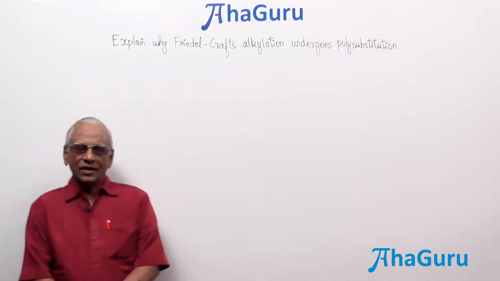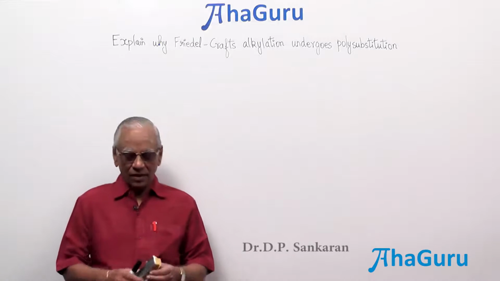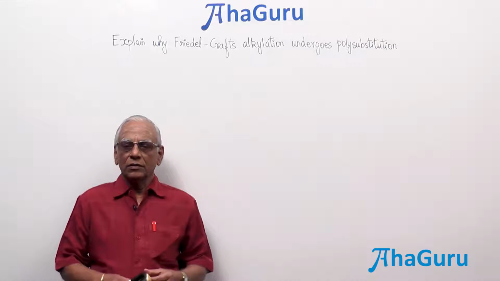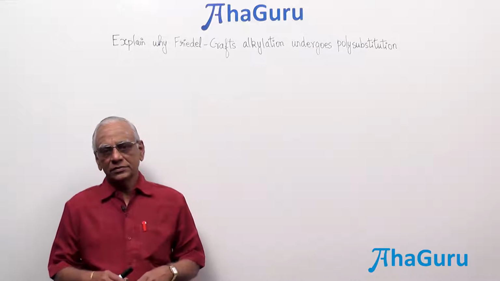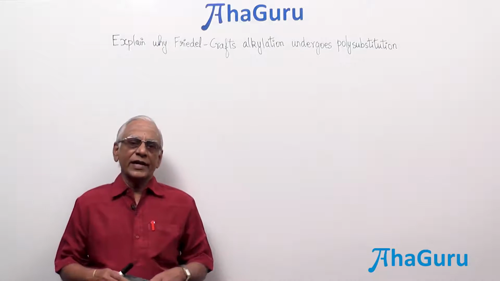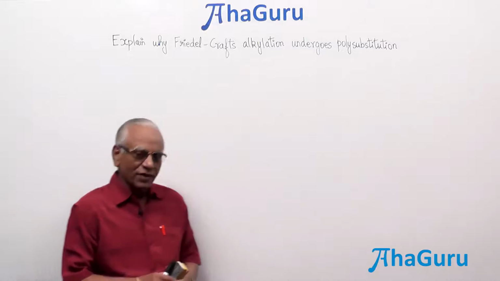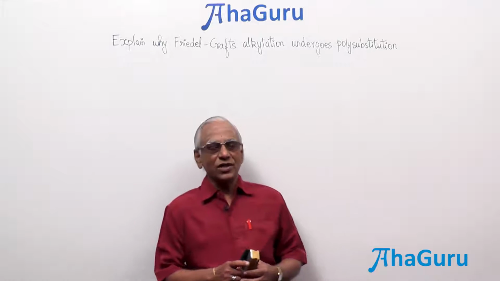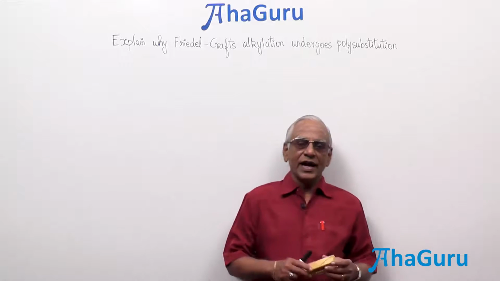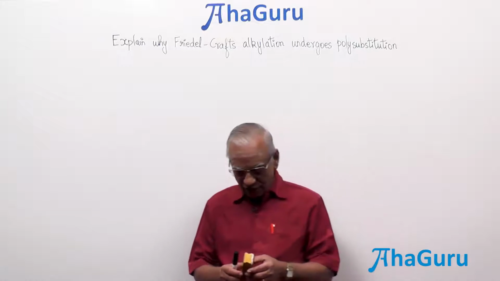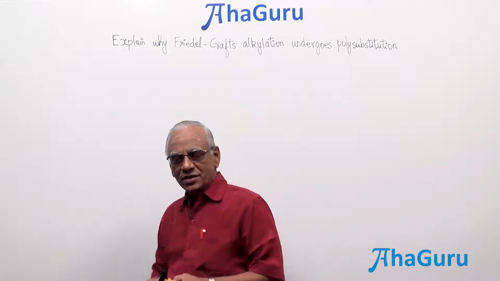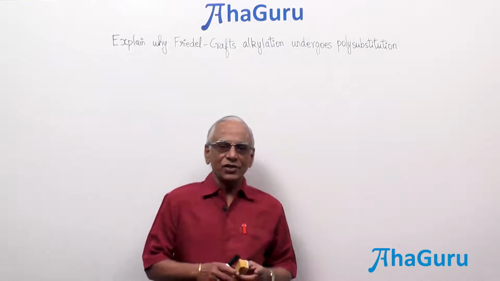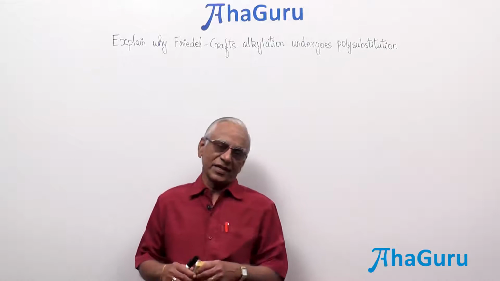Students, in the previous lessons we saw aromaticity, what is aromatic character, and how aromatic compounds undergo electrophilic substitution reactions, and also we saw important aromatic electrophilic substitutions like nitration, sulfonation, chlorination, Friedel-Crafts alkylation and Friedel-Crafts acylation.